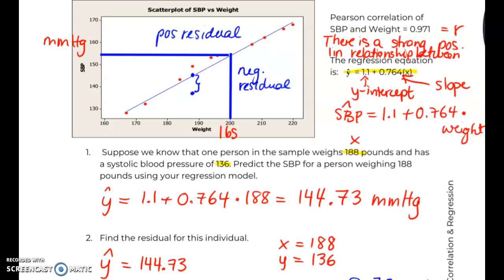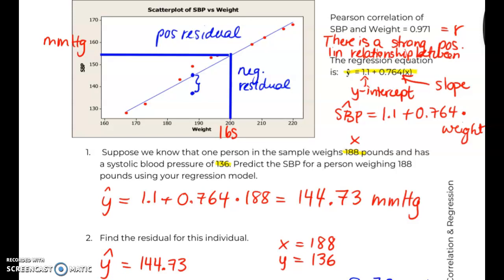If you're subtracting a value that's higher from a value that's lower, that gives you a negative value, whereas for values above the line, we have a larger value minus a smaller value, which gives you a positive residual. So anything below the line will have a negative residual, anything above the line a positive residual.